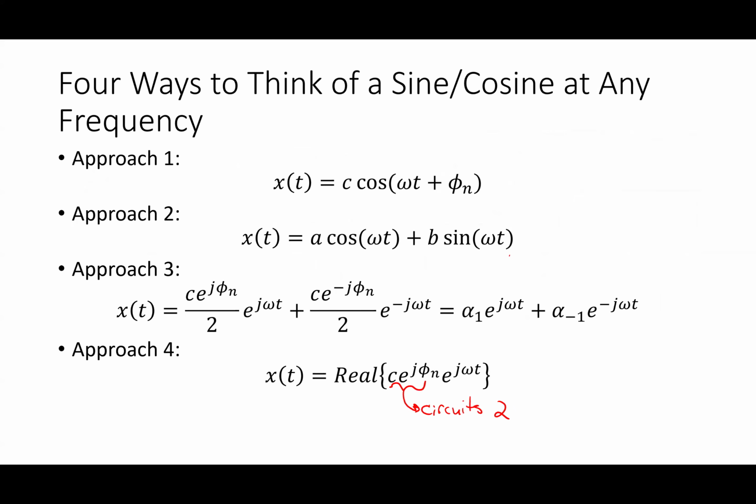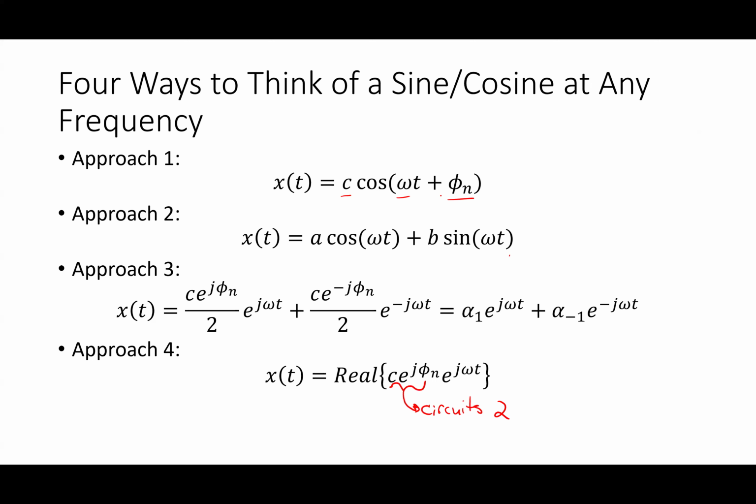All right. And we basically know 4 different ways at this point. In general, if I have a sine wave, we think of it as some waveform with an amplitude, a frequency, and a phase shift. That's our basic way of defining it.